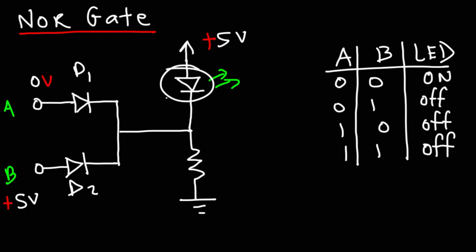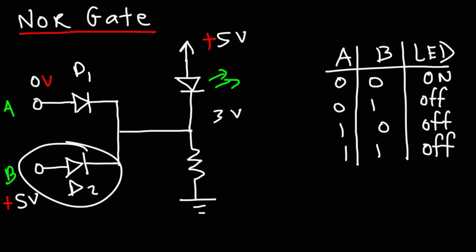The light emitting diode typically has a voltage drop of 2 volts. So if the voltage here is 5, this should be 3. Now, this diode has a voltage drop of 0.7 volts if it's a silicon diode. Germanium diodes have a voltage drop of 0.3 volts. So this would be 4.3 volts with respect to D2.